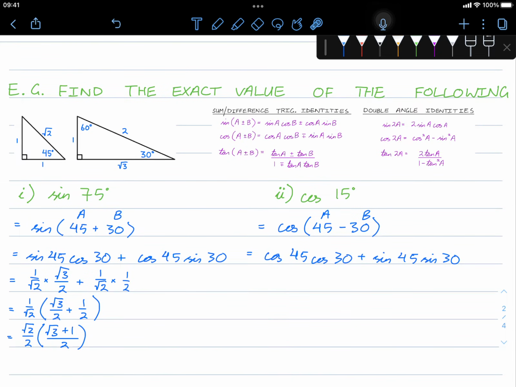From here, we just take the exact trig ratios. Cos 45 is 1 over root 2. Cos 30 is root 3 on 2, adjacent over hypotenuse, plus sine 45 is 1 over root 2. Sine 30 is half.